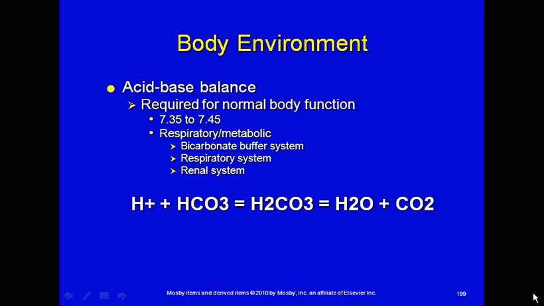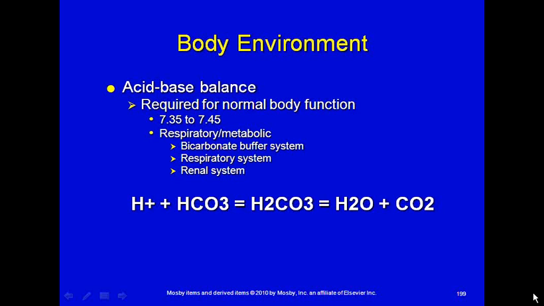The normal pH is 7.35 to 7.45. Anything less than 7.35, you have acidity, and anything greater than 7.45, you have alkalinity.